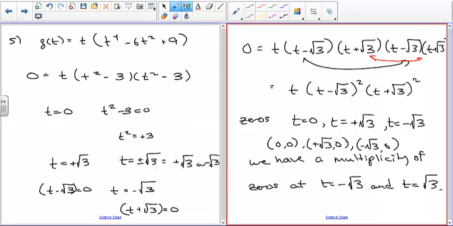If you have a multiplicity of zeros, especially if it's even, it's going to touch the x-axis, but it's not going to go through the x-axis. If you had a multiplicity of zeros cubed, then in that case, you would have an intersection of the x-axis. So odd-numbered multiplicities give you an intersection. Even multiplicities give you a touching at the axes. We'll see that later on, but right now we're just defining what multiplicity is.